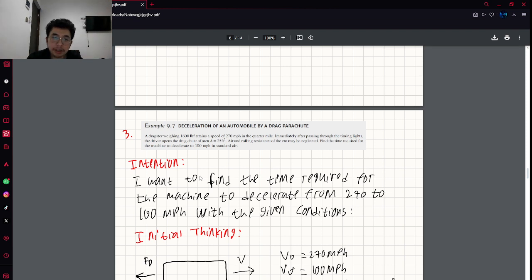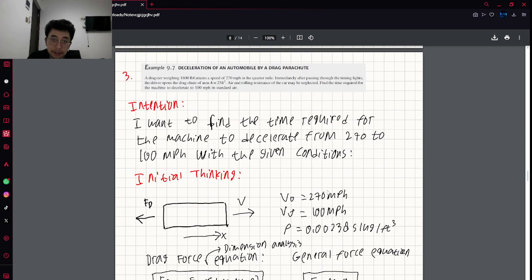So basically my intention here is to find the time required to decelerate from 270 to 100 miles per hour with the given conditions.